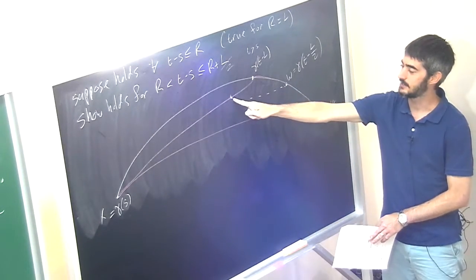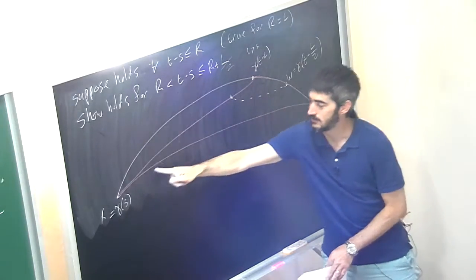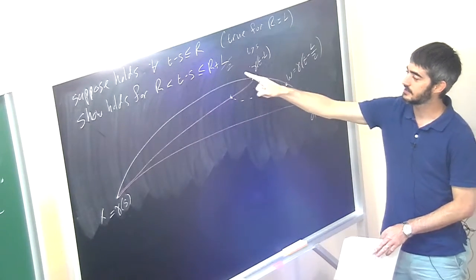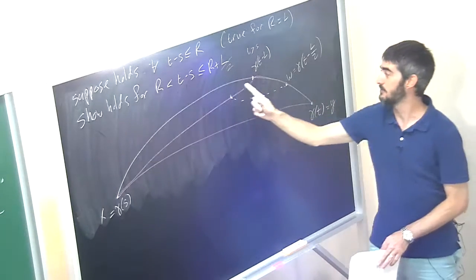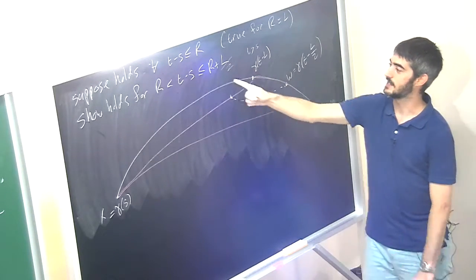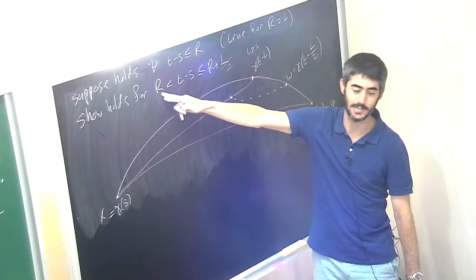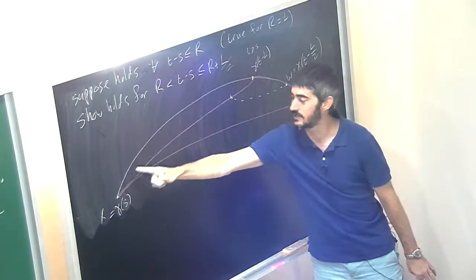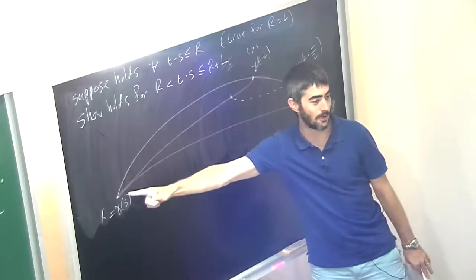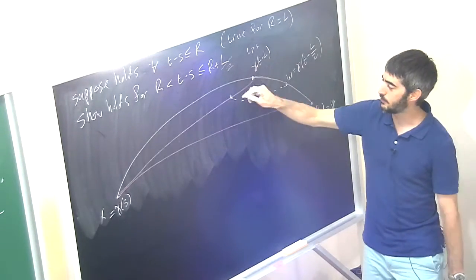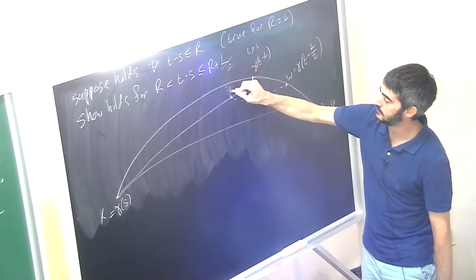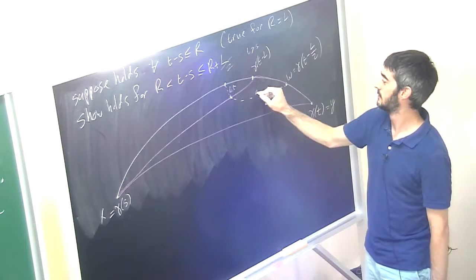Well, this is a geodesic. By assumption, since t minus s is less than this, if I subtract L, then I'm definitely back in the territory where I've already proven the claim. So this is a 2-0 quasi-geodesic, so every point on here is within n of somebody over here.